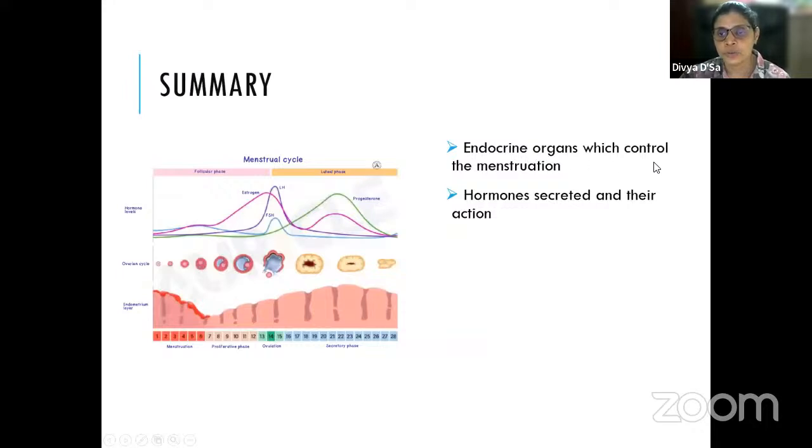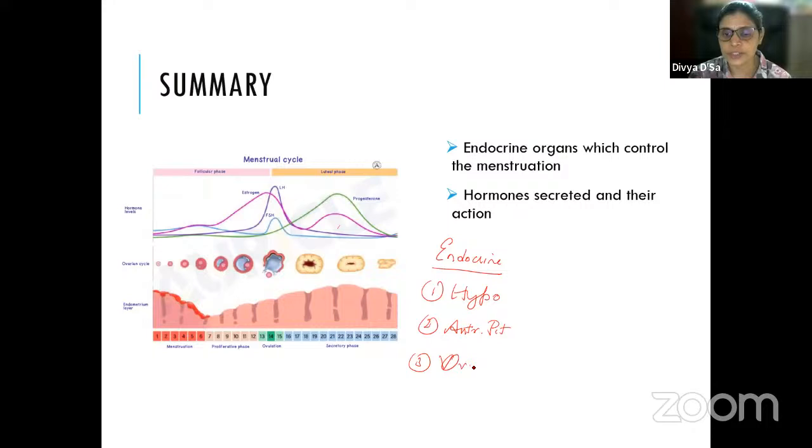So you need to know which are the organs, basically the endocrine organs which control the menstruation. One is the hypothalamus, then we have the anterior pituitary or adenohypophysis, and third is the ovary.